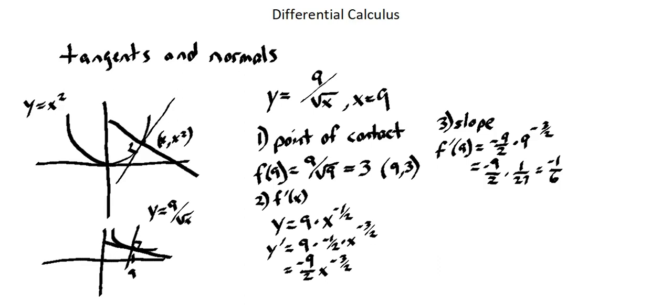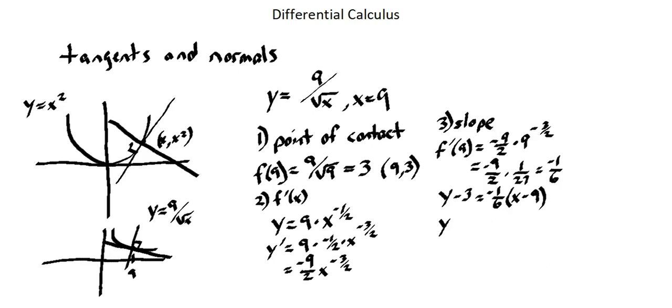When I have one point and a slope, I can calculate my line formula as y minus the y coordinate of my point, which is 3, equals my slope, negative 1/6, times x minus the x coordinate of the point, which is 9.